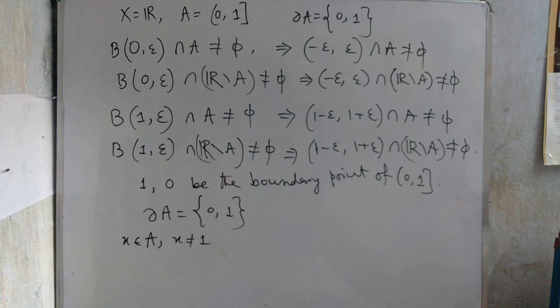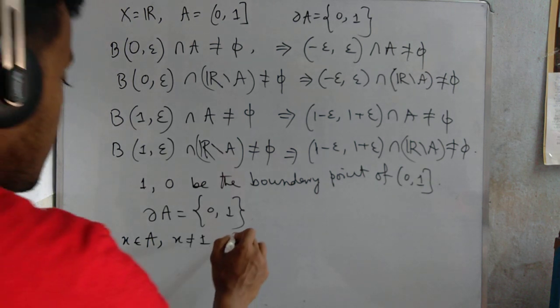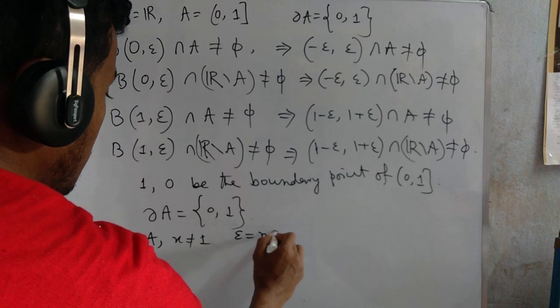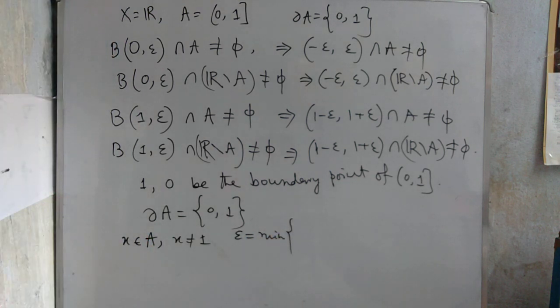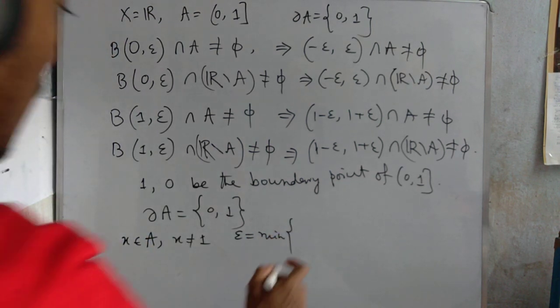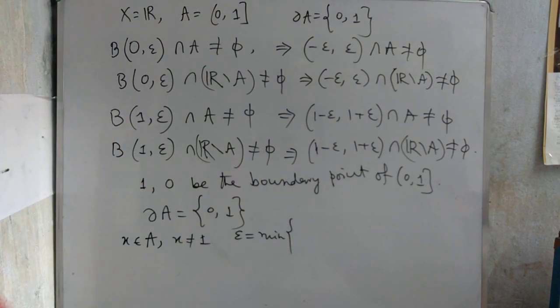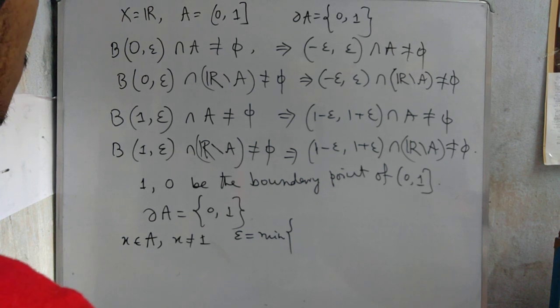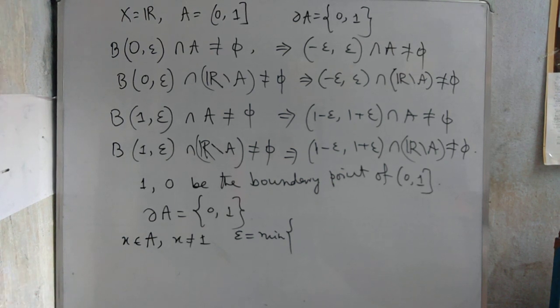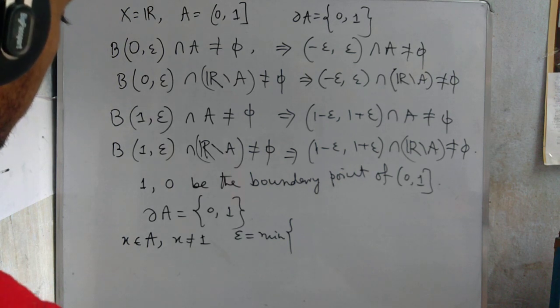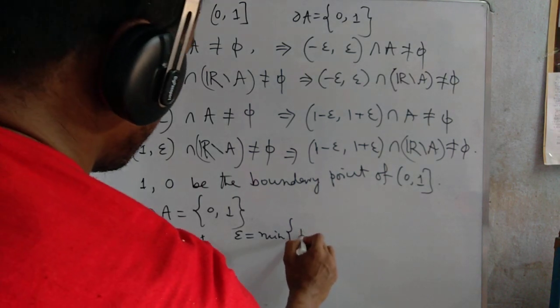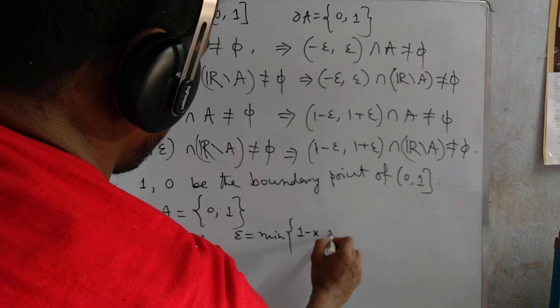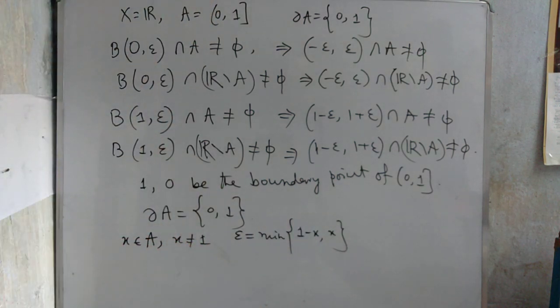Then we choose epsilon equal to the minimum of 1 difference x and x.